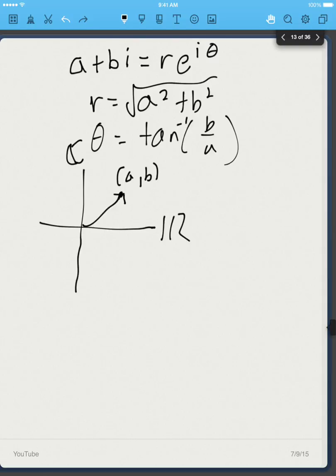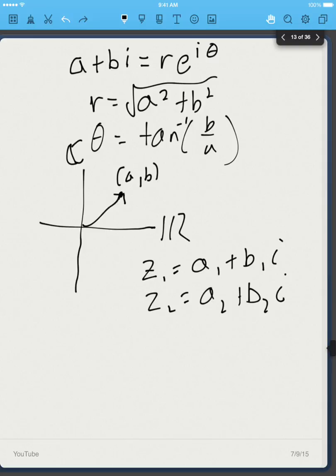So let's say I have two complex numbers, z1 equals a1 plus b1i, and z2 equals a2 plus b2i. Then if this was a1, b1, and let's say this is a2, b2, then really all we're doing is adding them together like vectors.